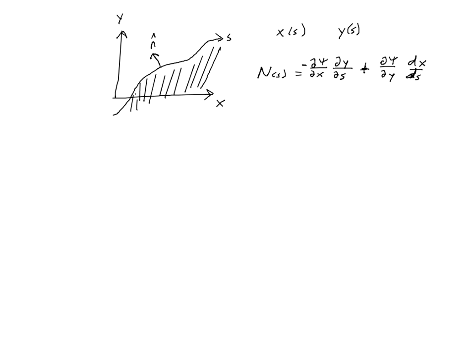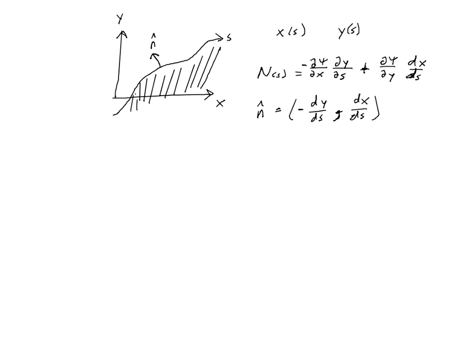And where this comes from is basically that the unit normal is really equal to minus dy/ds comma dx/ds.